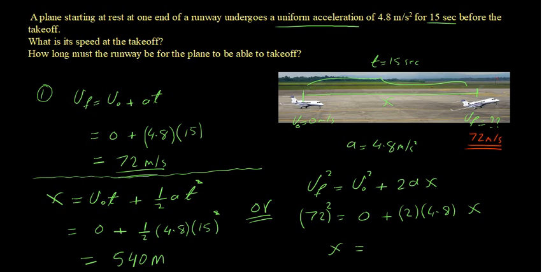If you rearrange the formula to make it clear to everyone, it's 72 squared over 9.6. That will give me, again, 540 meters, the length of the runway.